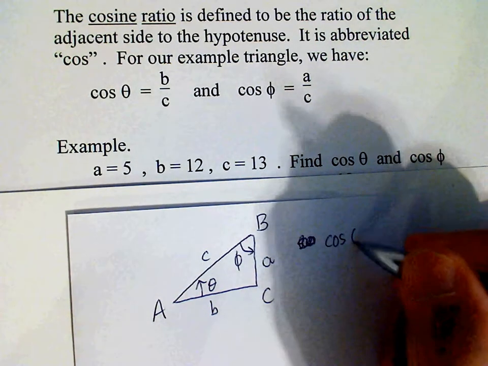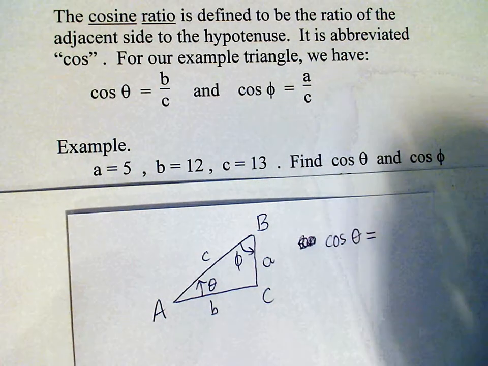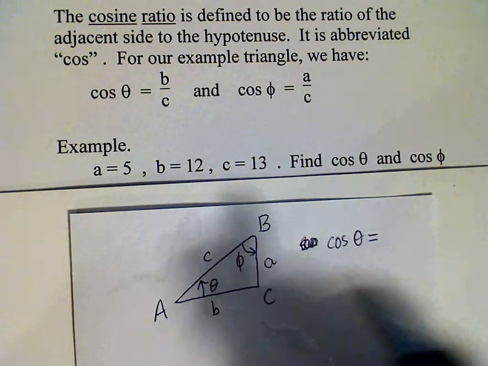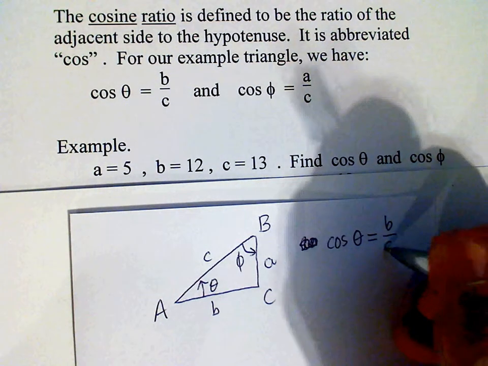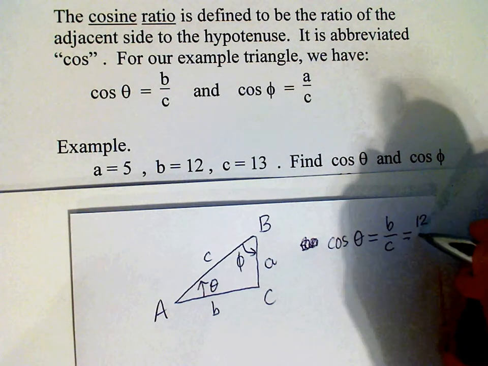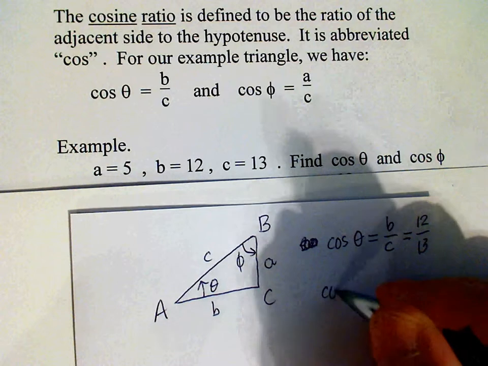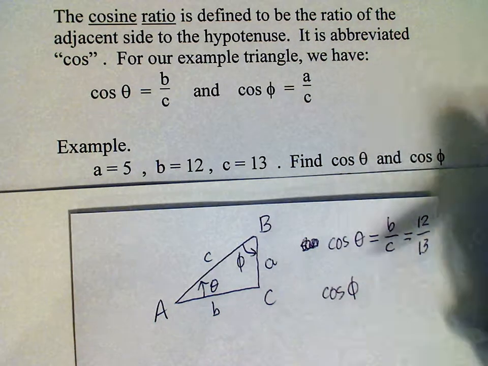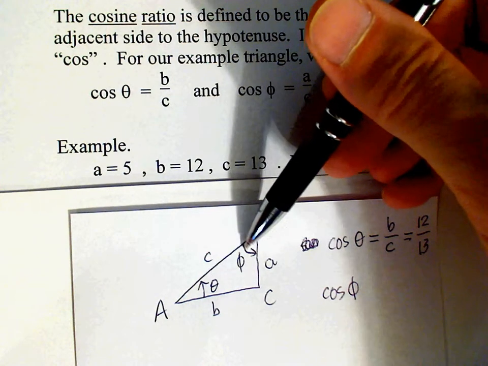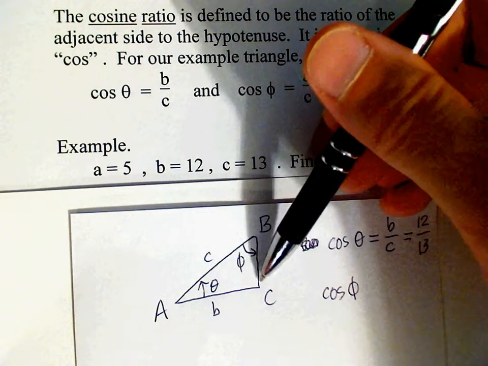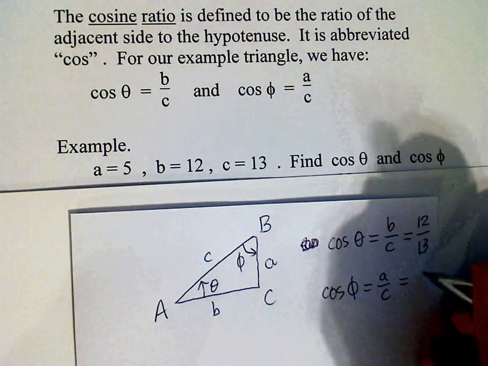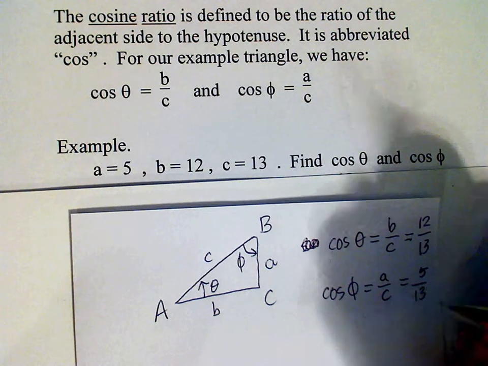So cosine of theta is the side adjacent to angle theta, so that's b divided by c. And in this particular case, 12/13. Cosine of phi. In this case, the side adjacent to angle phi is a, so this is a over c. The answer is 5 over 13.